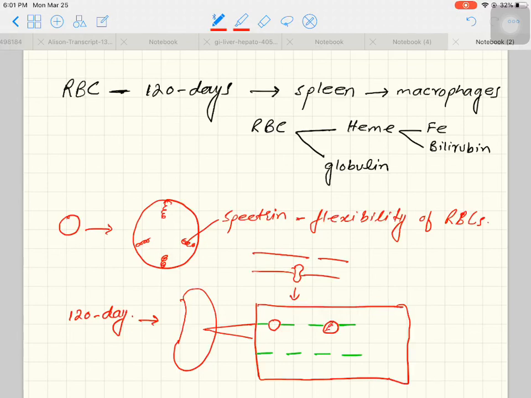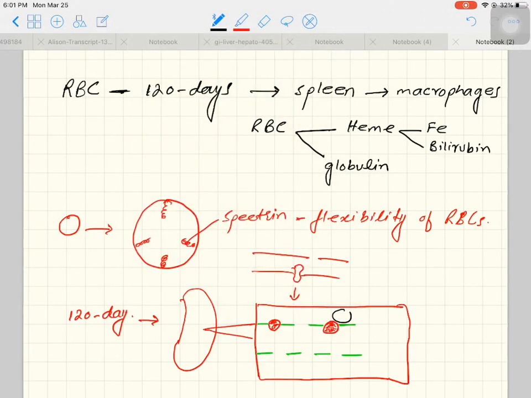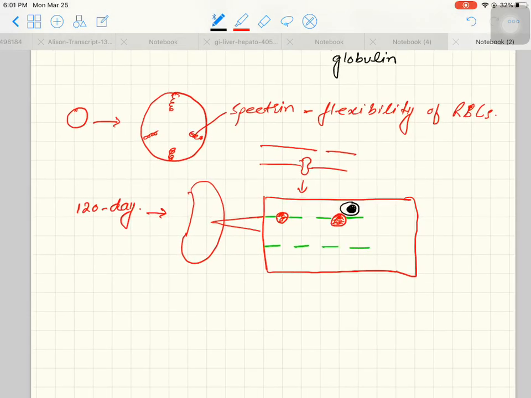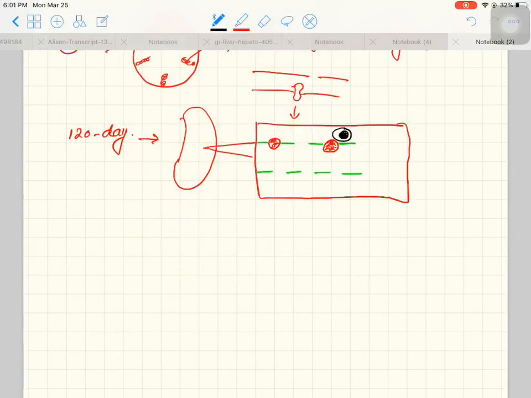When they are stuck here, macrophages come and engulf these old RBCs. So for example, there is your macrophage, and this is your RBC.